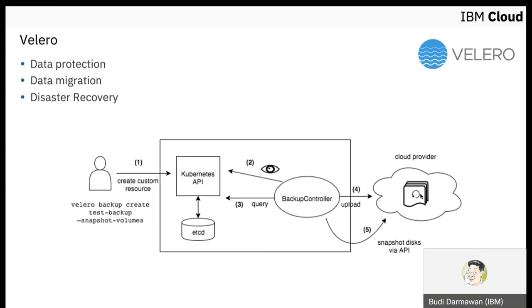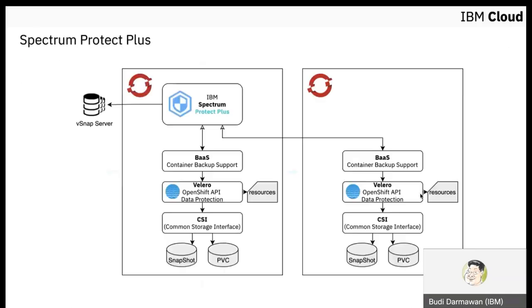Another method for doing backup is Spectrum Protect Plus. Spectrum Protect Plus is an IBM product that can drive Velero to talk with the PV and PVC and back up the resources, and do so policy-based, so you can have retention, automated schedules, and role-based access control on which storage to back up and which not.